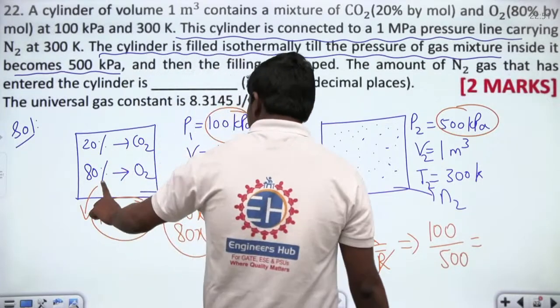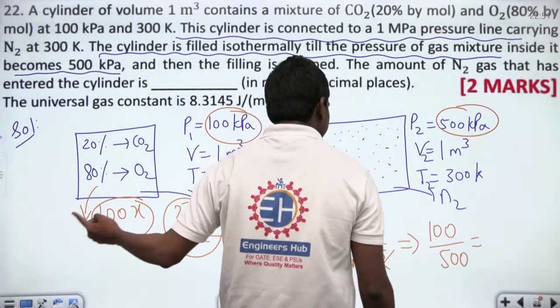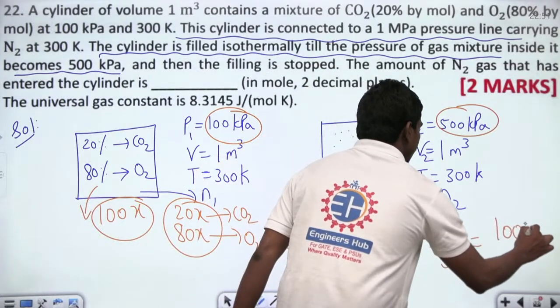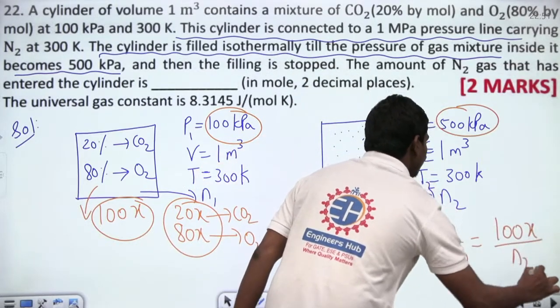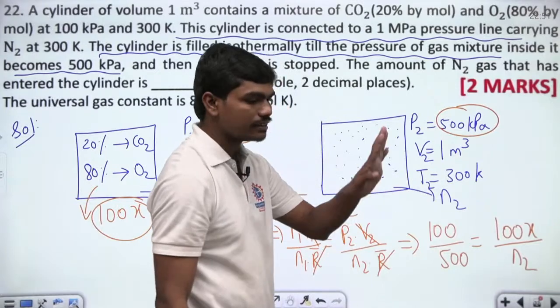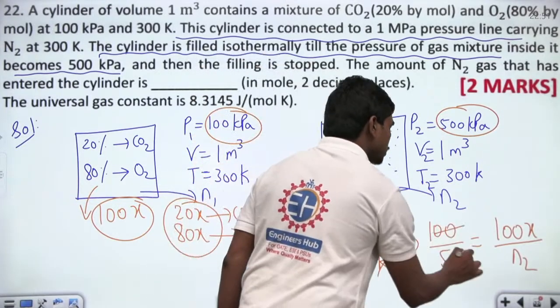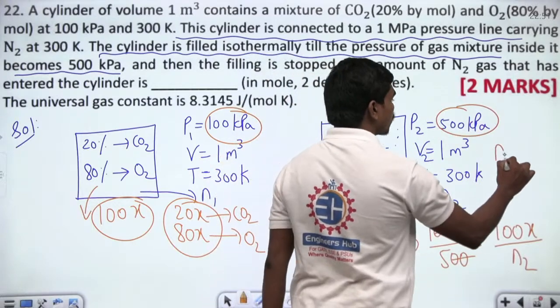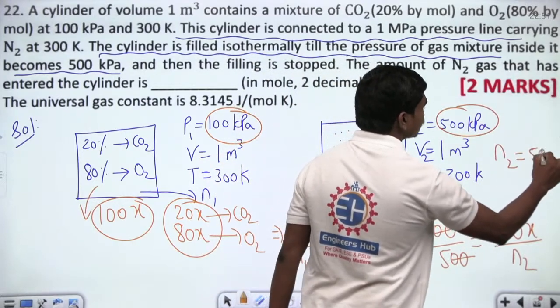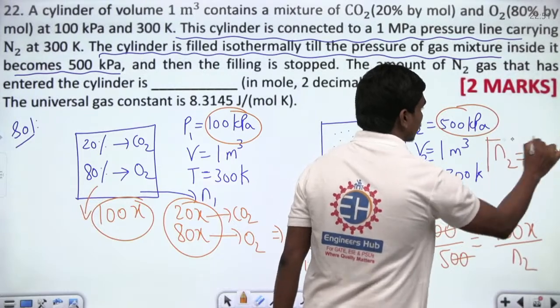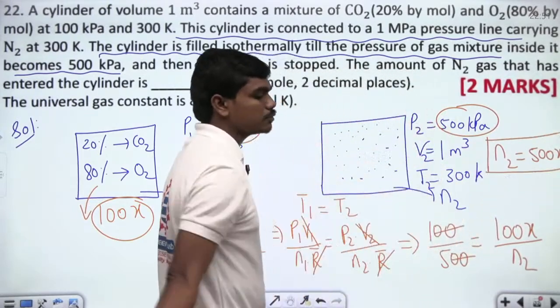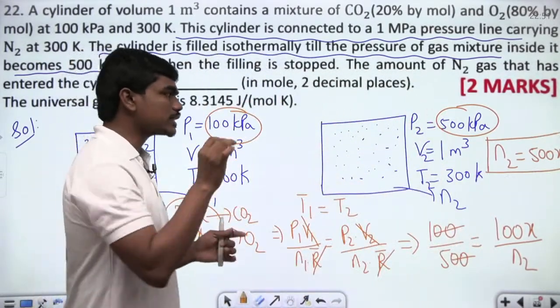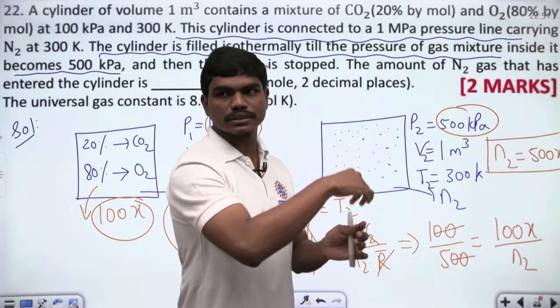So N1, the total number of moles initially, is 100 times X, divided by N2, the total number of moles in the final case. You can clearly see these two zeros get cancelled. So N2 is 500 times X. So the total number of moles of substance here is 500 times X. Some nitrogen is being added; nothing inside the system is taken out.